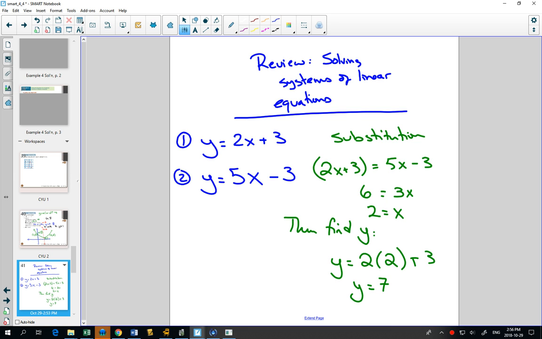If you plug 2 into the second equation, 5 times 2 minus 3 also equals 7. So these two lines intersect at the point (2, 7), and that would be the solution. The solution is x equals 2, y equals 7. Now in grade 10, you mainly did it with lines and found out where two lines intersected.